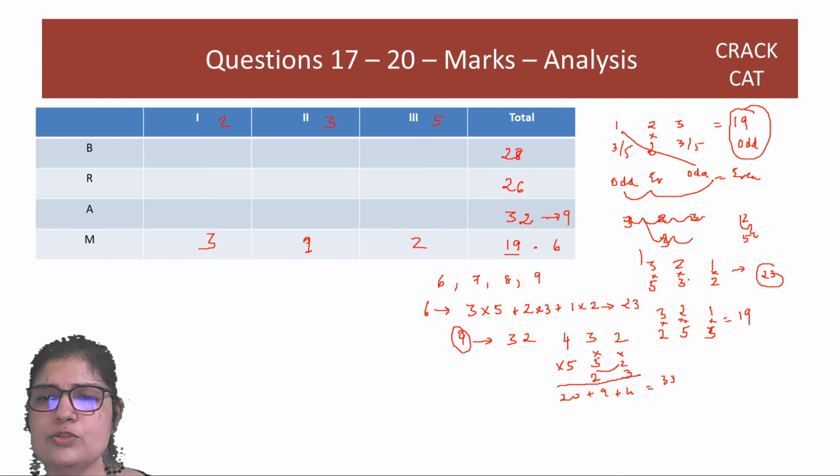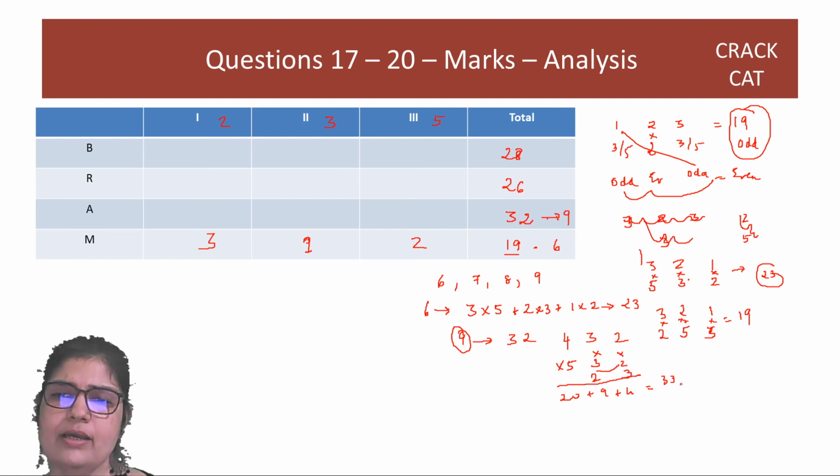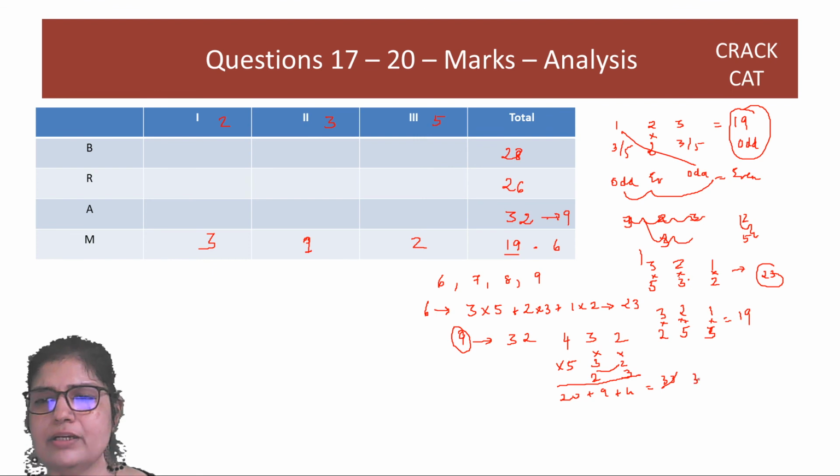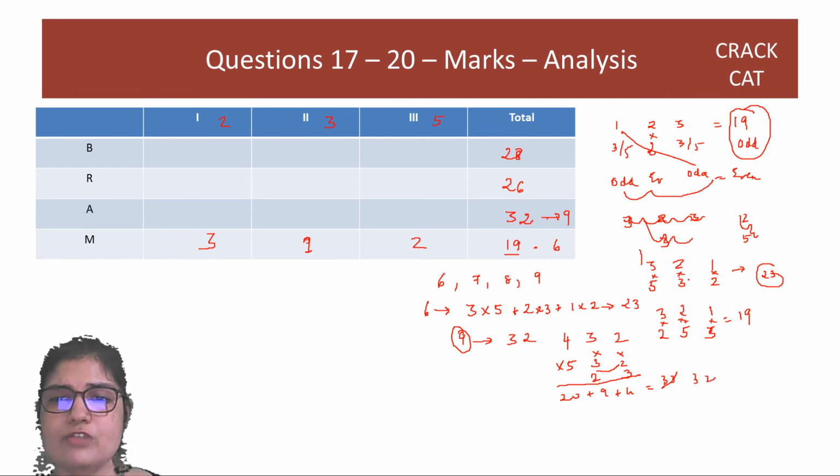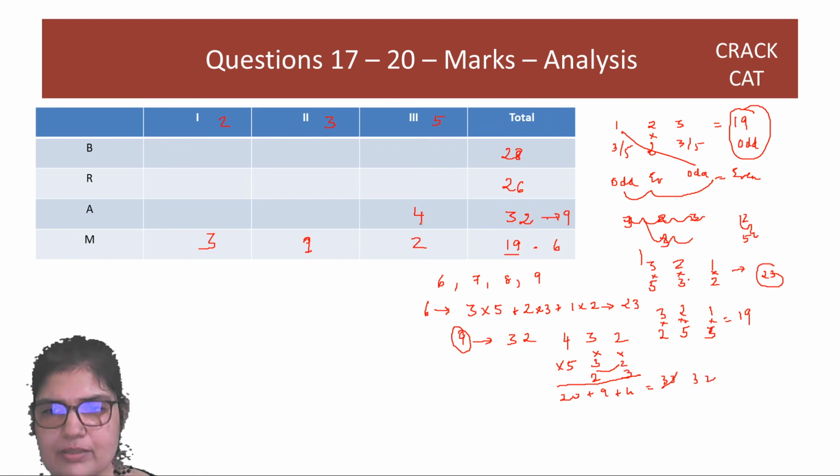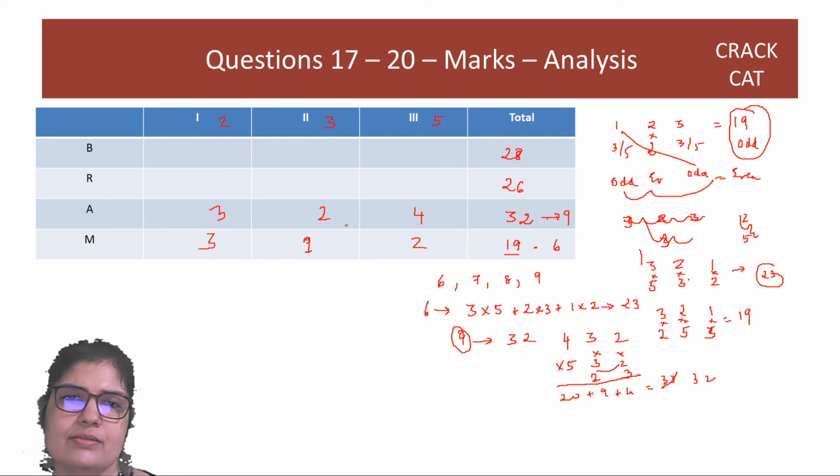So the 3 2 becomes 2 3, and your 33 becomes 32. So you have solved 4 questions in the 5 markers, 3 questions in the 2 markers, and 2 questions in the 3 markers. So this way your sum of 32 will come.